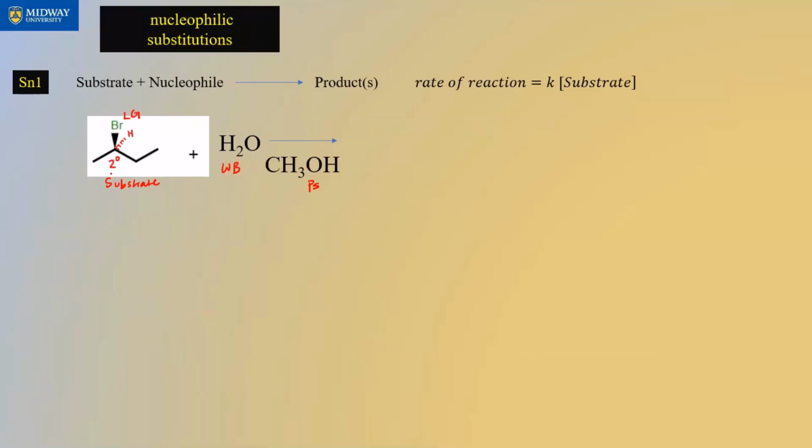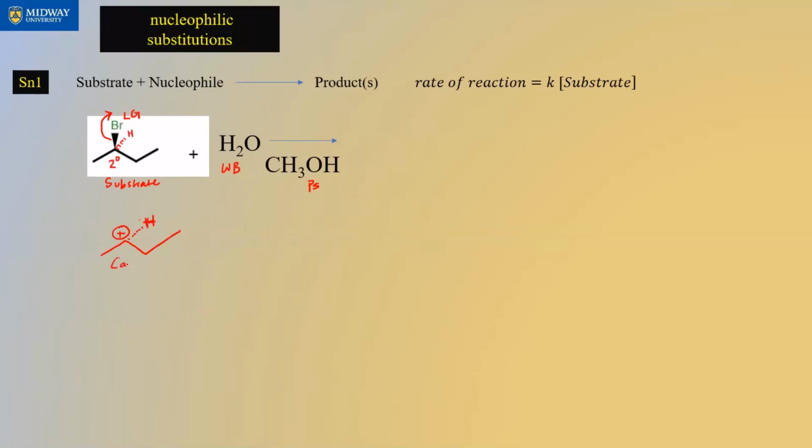First, the leaving group comes off before the nucleophile even attacks. That leads to the formation of what is called a carbocation. When the Br leaves, it leaves a positive charge. Again, I'm not drawing the entire mechanism here, but the Br leaves first.